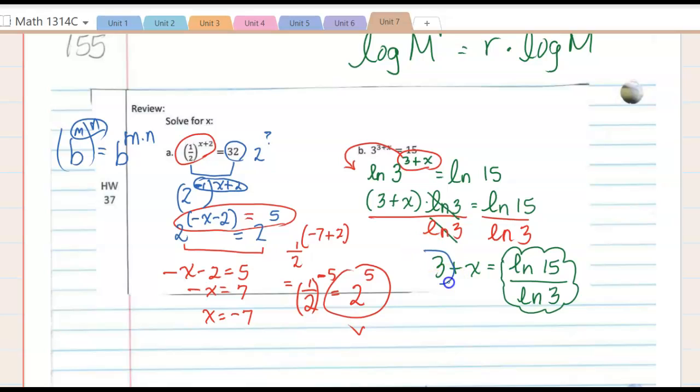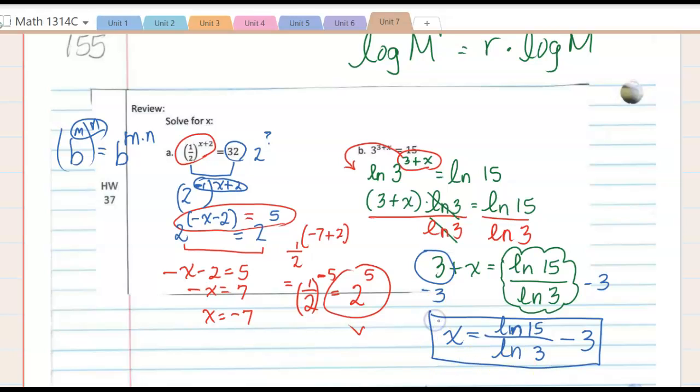Solving for x, I need to subtract 3 from both sides. So I find that x is equal to the natural log of 15 divided by the natural log of 3 minus 3. And that would be our solution.